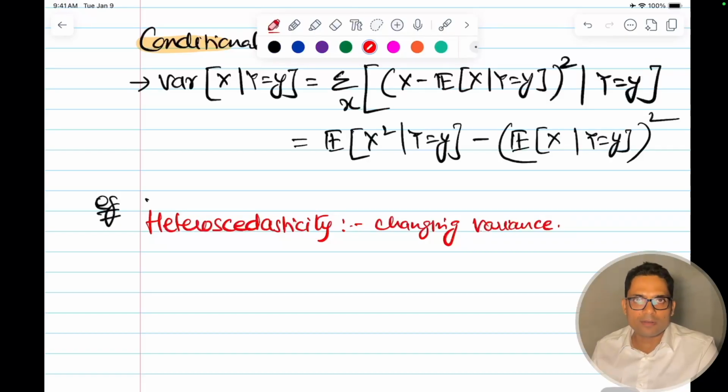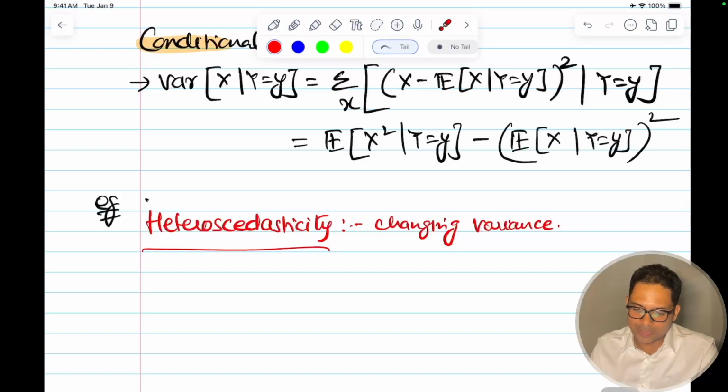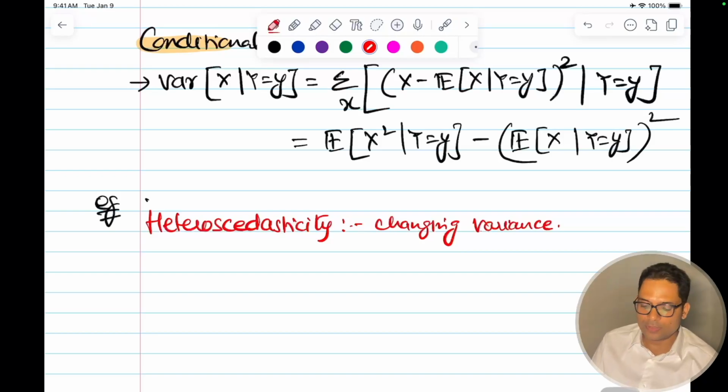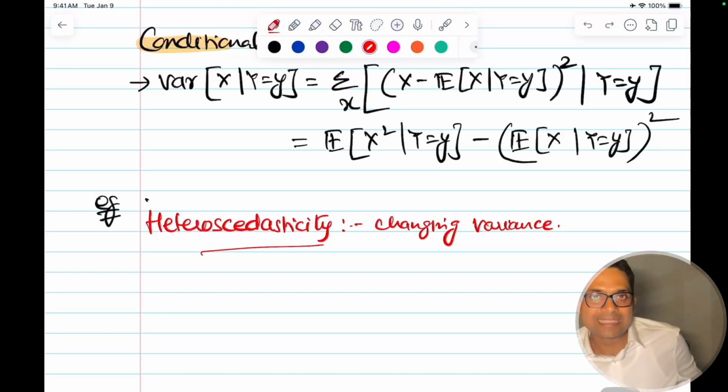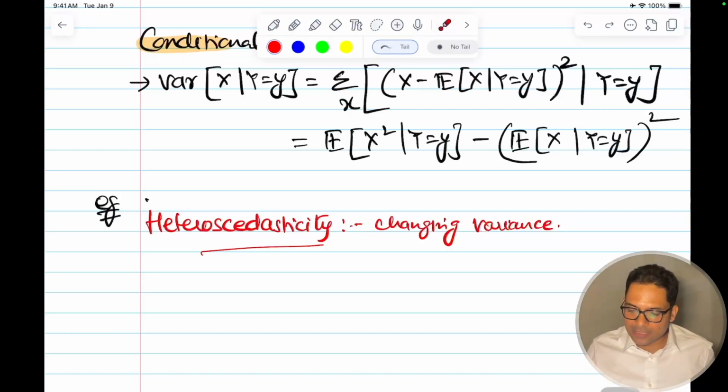Why is it important to understand the conditional expectation of variance? This will make sense when we discuss heteroskedasticity, that is, changing variance. Generally the models assume that the variance is constant.